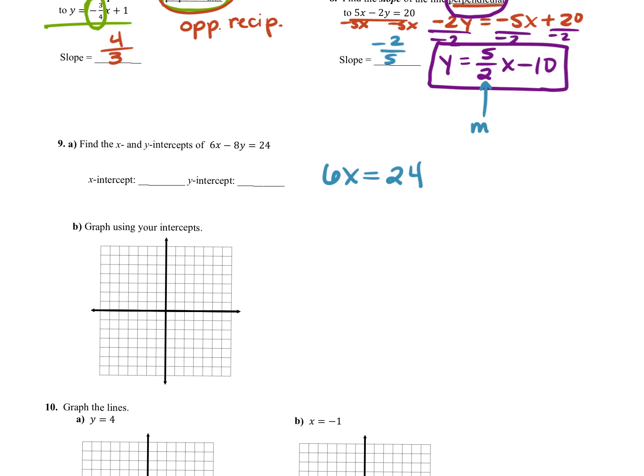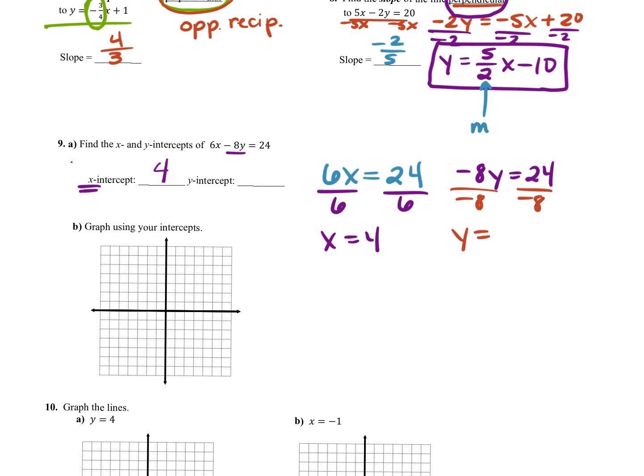What's your other equation that you're going to solve? -8y equals 24. So now you solve both of those, divide by 6 and divide by 6, and you get x equals 4, okay? That's your x-intercept. X is 4. Your y-intercept, you're going to divide by -8, and y is -3.